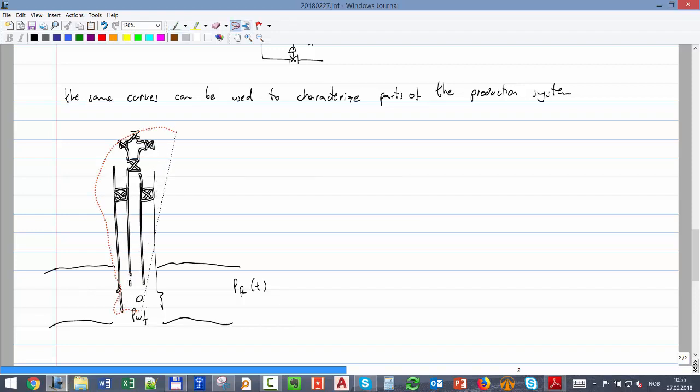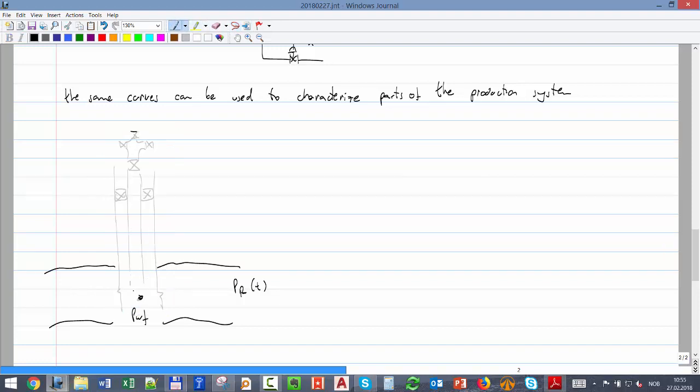Let's put this in a different color. So without looking at anything else downstream, I'm going to take just the reservoir, from reservoir pressure, which is a fixed pressure bound, all the way to the bottom hole. How will that curve look?